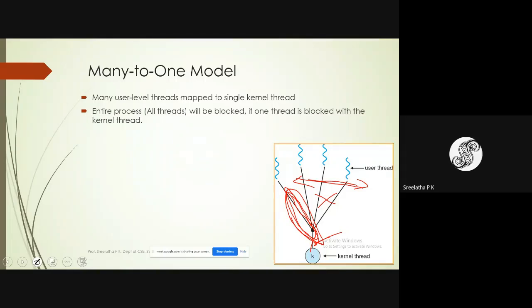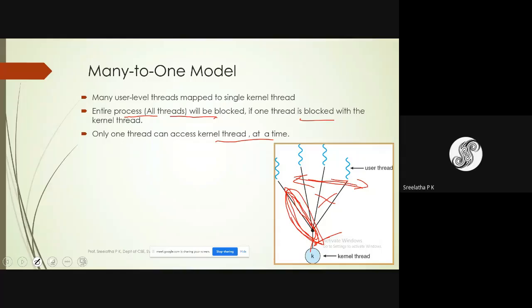Fine, if one thread gets blocked, the entire process, all the threads, or all the programs will get blocked, as there is only one single kernel thread. So only one thread can access the kernel thread at a time.